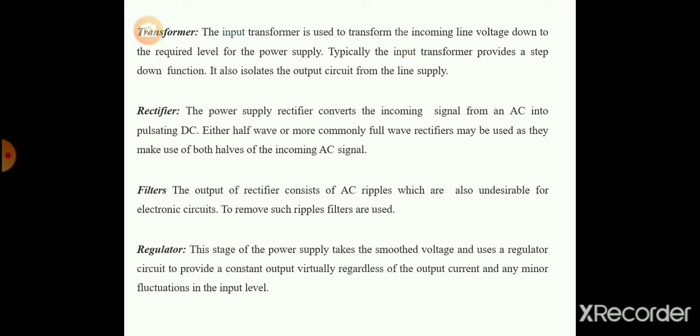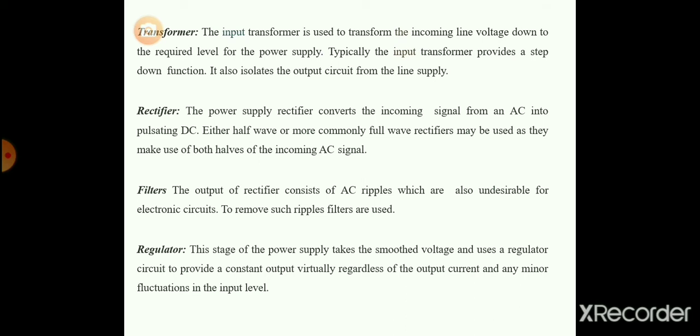The power supply rectifier converts the incoming signal from AC into pulsating DC. Either half wave or, more commonly, full wave rectifiers may be used, as they make use of both halves of the incoming AC signal. That is, different types of rectifiers are there: half wave rectifier, full wave rectifier.